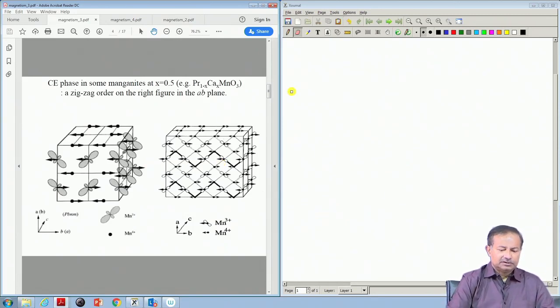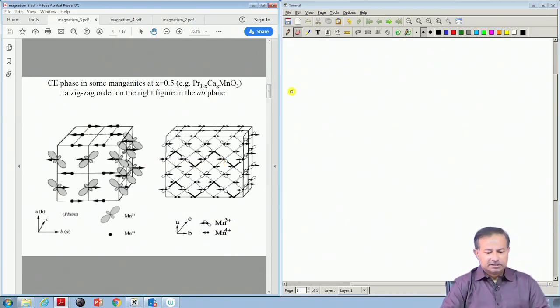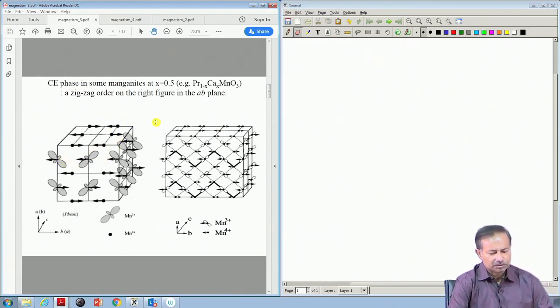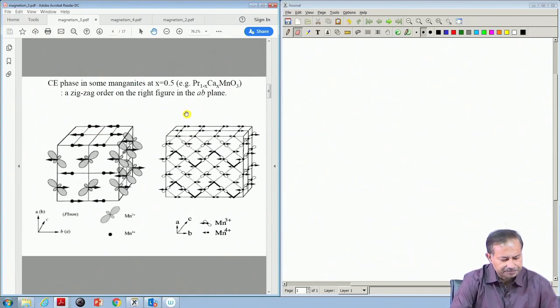There are many more. There are very exotic magnetic phases, some of which I have listed and shown here. This is the so called CE phase, and there is a zigzag order as you can see on this face, in the so called AB plane in this picture, and these are orbitals that are drawn, the corresponding d orbitals where the spin is sitting.